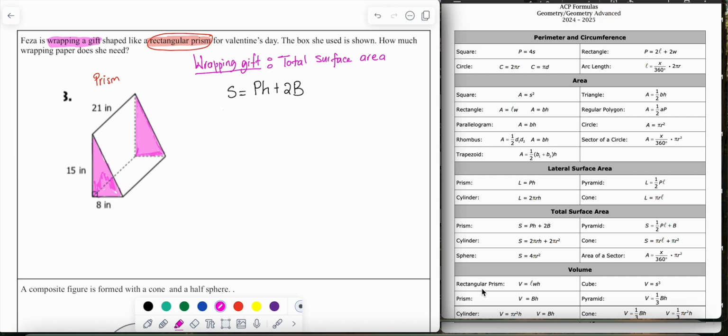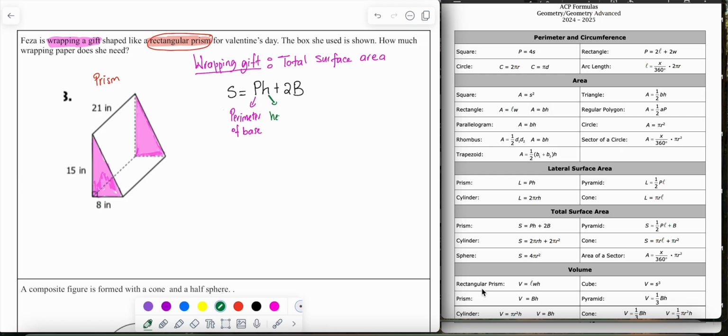So the first thing we need, let's write down what the things in the formula mean. The P is the perimeter of base. The H in the formula represents the height of the prism.